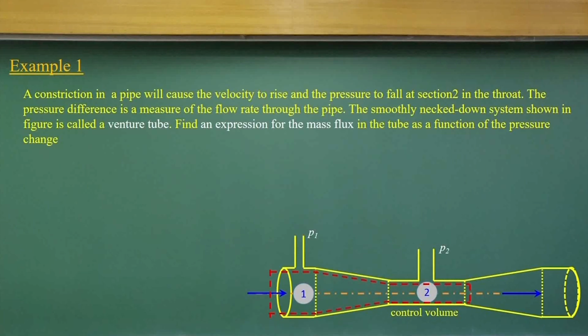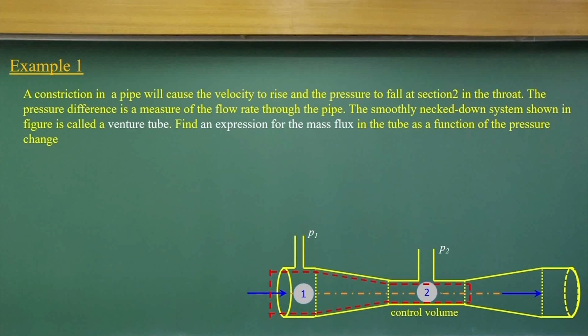Now, look at this example 1, where a constriction in a pipe will cause the velocity to rise. It is just like a venturi meter, with a converging zone and a diverging zone. Because it is a converging zone, the velocity rises and the pressure falls.